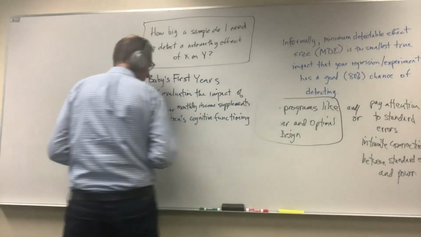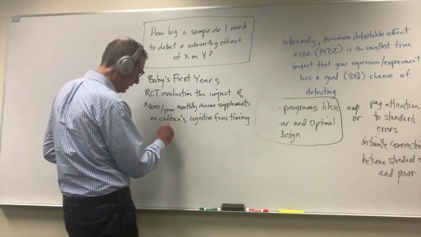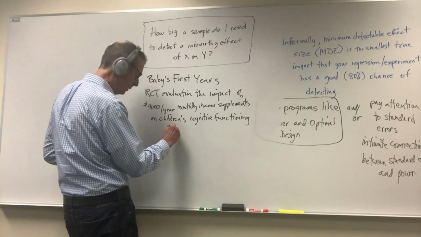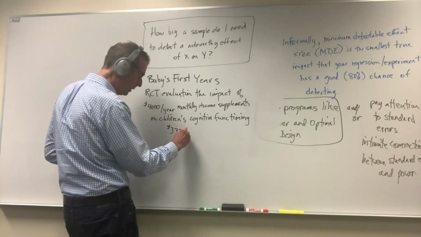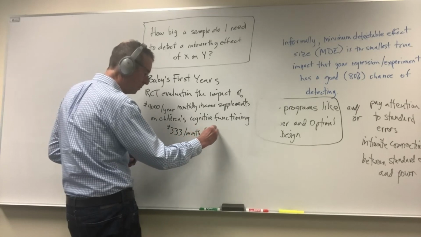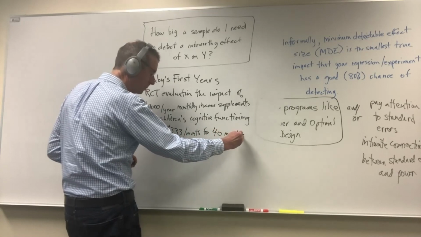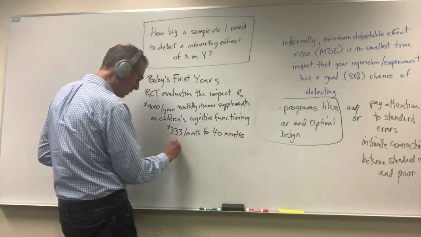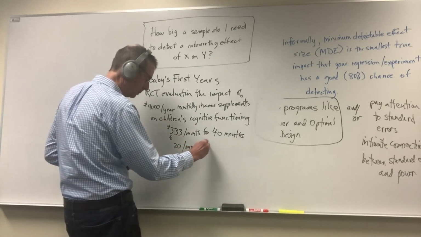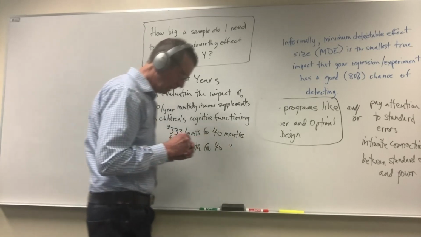If they said yes, they were randomly assigned to $333 per month for 40 months, the first 40 months of their children's lives, or $20 per month for 40 months.